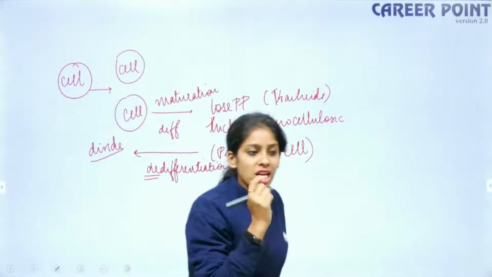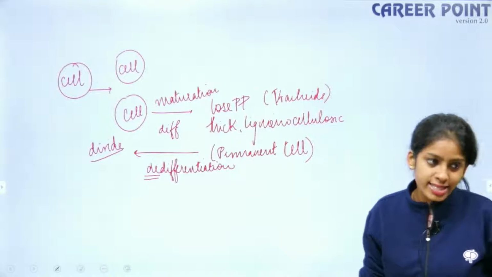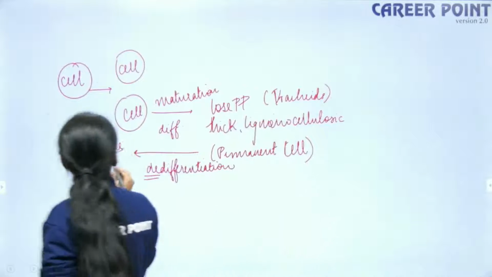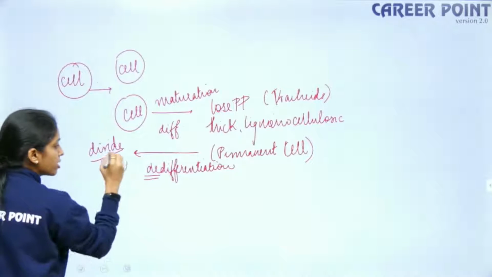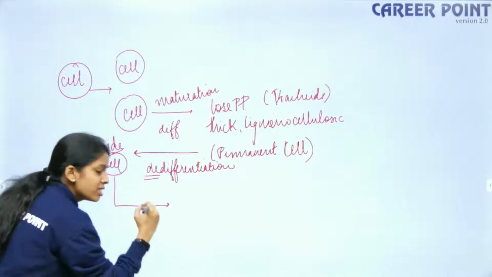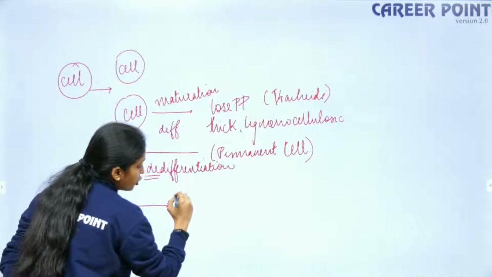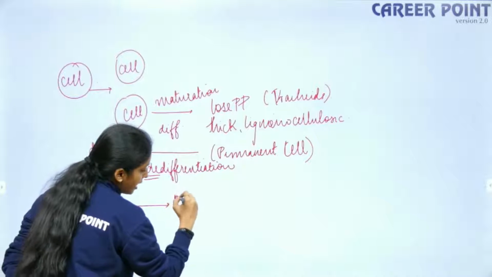Okay. So now you understand what is differentiation and de-differentiation. Now this cell is once again capable of division. So once again it loses its ability to divide and it becomes a mature tissue or a permanent cell.